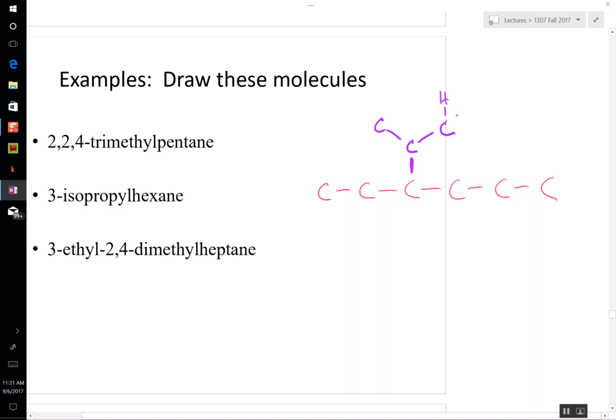So this is going to have 3 hydrogens on it. This is going to have 3 hydrogens on it. And this carbon here, you see, if you just left that there, there's only 1, 2, 3 bonds right there. So you need another hydrogen right here. And then you would just finish this off.